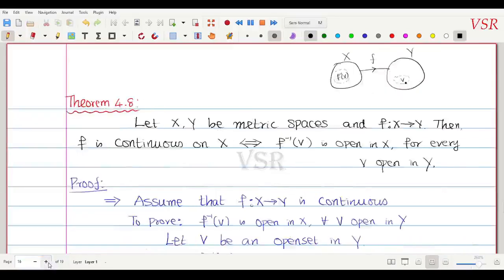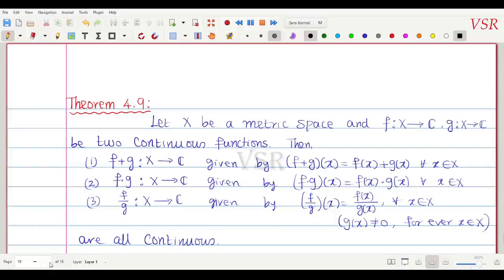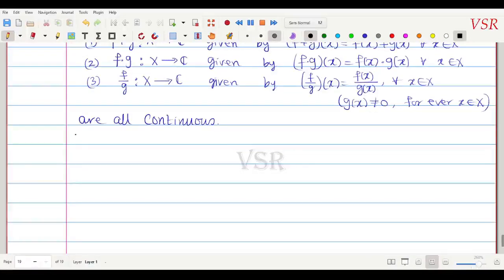So let us go to the theorem. Proof. We are going to have this. Okay.